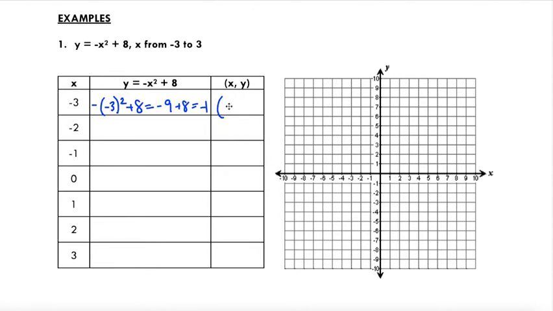So that gives us a coordinate of -3, -1. We're going to do the same thing all the way down our chart. So we're going to do -2 squared plus 8, which works out to be -4 plus 8, which is 4.